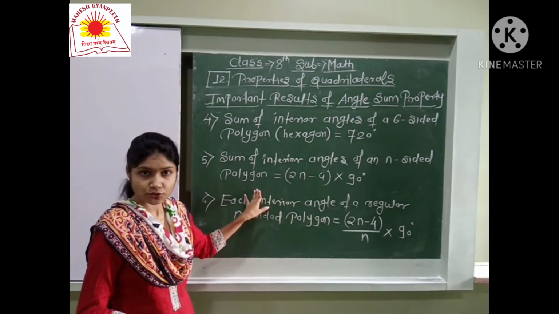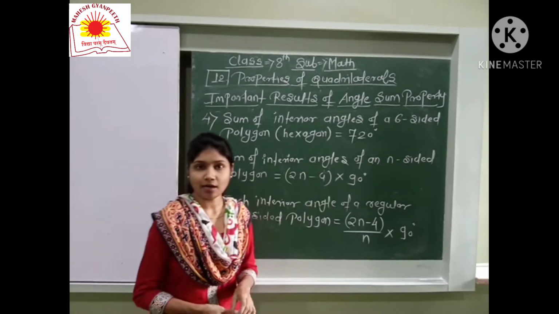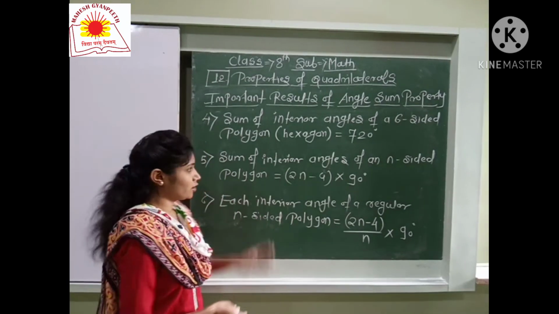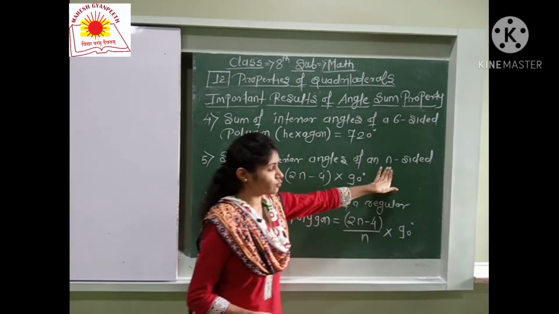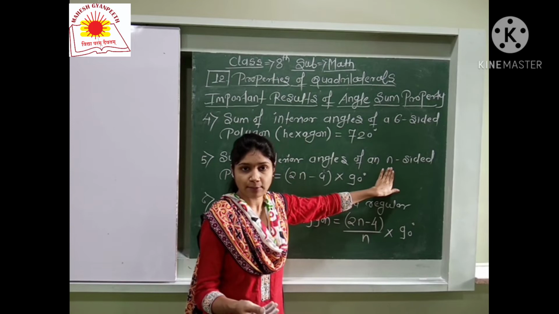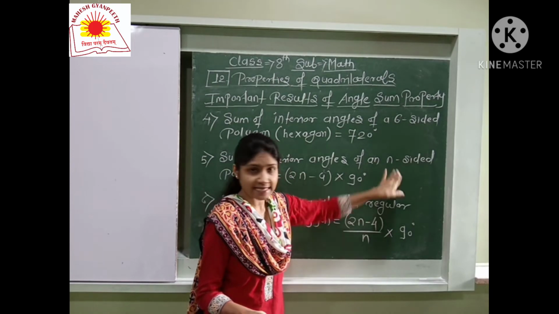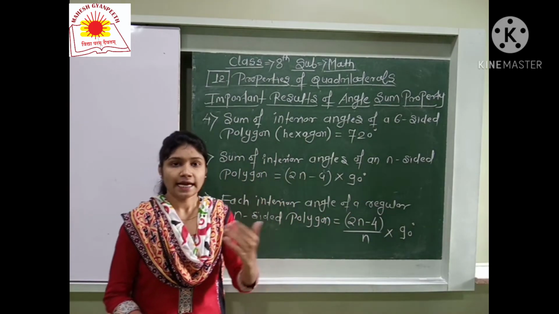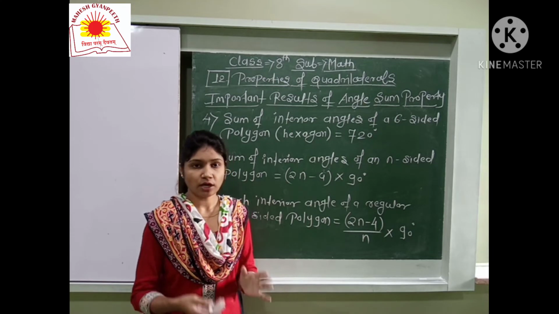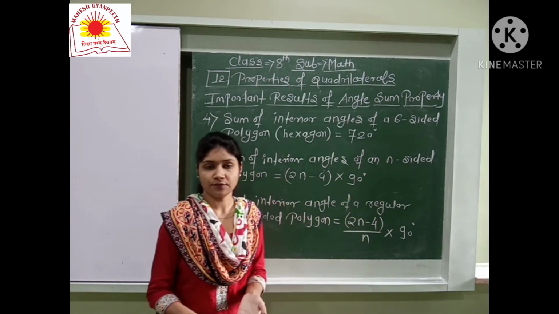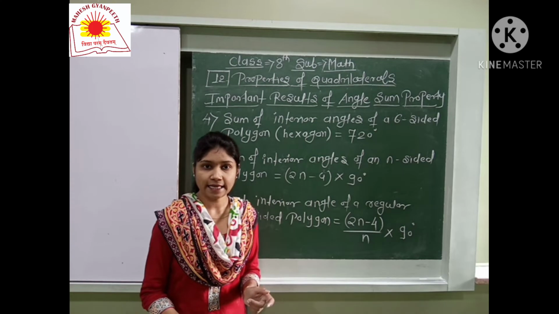Now next one is the sum of the interior angles of an n-sided polygon. Listen carefully, students. N-sided means any number of sides could be given: four-sided figure, five-sided figure, six-sided figure.